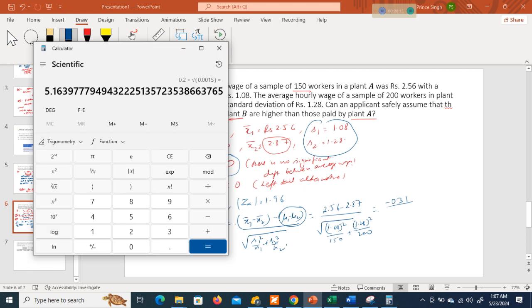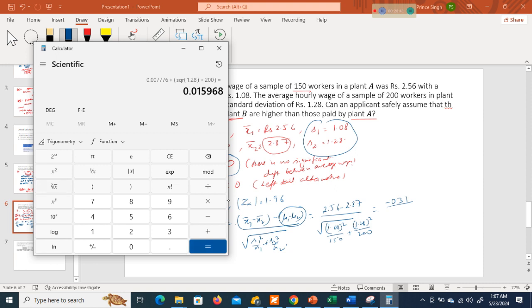if we calculate here 1.08 square divided by 150 plus, bracket, 1.28 square divided by 200, bracket close, 0.15968.